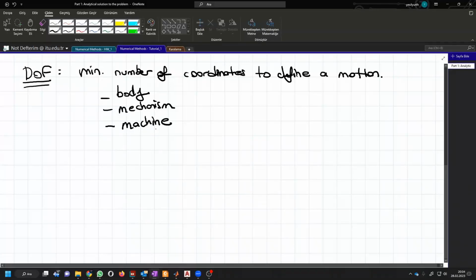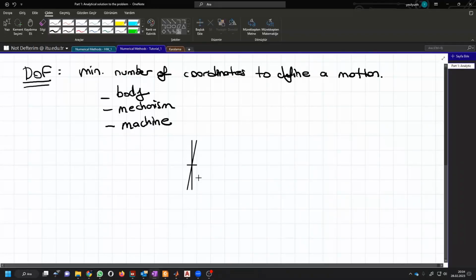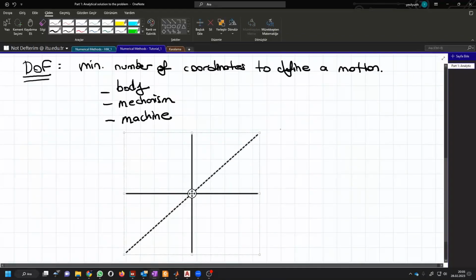So in rigid body dynamics, an arbitrary body in space will have 3 translational and 3 rotational degrees of freedom. So if you want to visualize that with this axis here, we will have x-axis here, and we will have y-axis here.